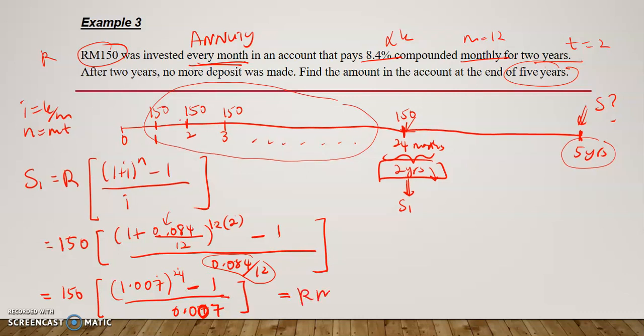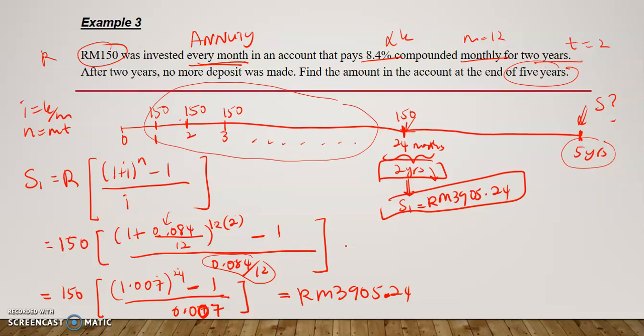So S is RM3905.24. So S1 is RM3905.24. So this is the future value of the annuity when 150 ringgit is invested every month for 2 years.